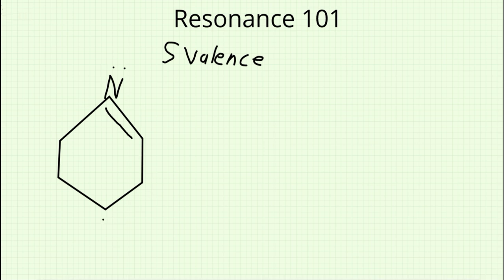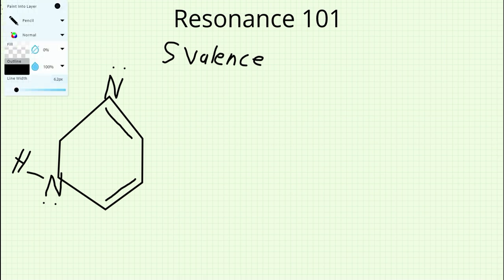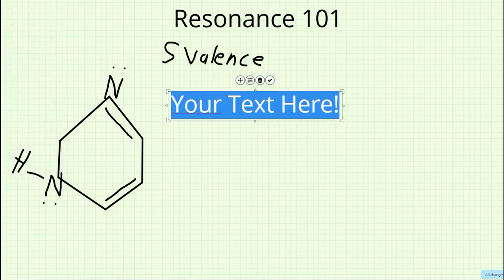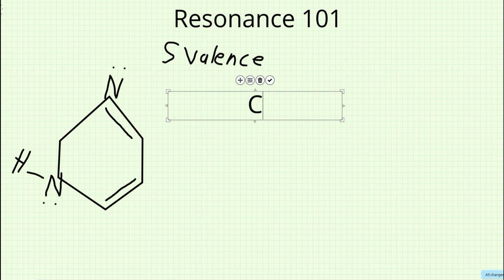We're doing good. And now on this, let's draw another double bond, and let's have a nitrogen here. And let's have hydrogen, and it will also have a lone pair. So this lone pair here, I'm going to circle this lone pair on that nitrogen, that is a localized lone pair.